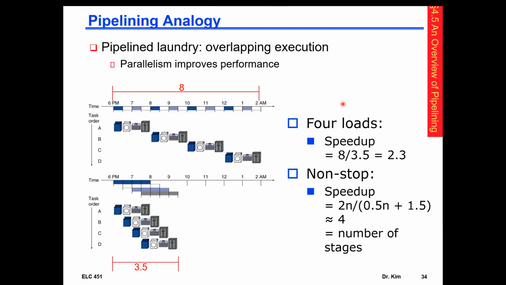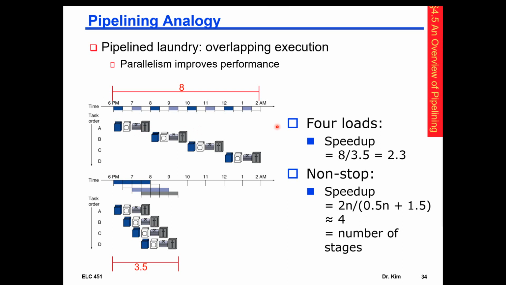So the analogy is that a load of laundry is one instruction, and each instruction has these micro steps that I referred to. So that's equivalent to the different steps that you have to do to complete a load of laundry. You have to wash, you have to dry, you have to fold, and you have to store. Let's say that those are the 4 steps.